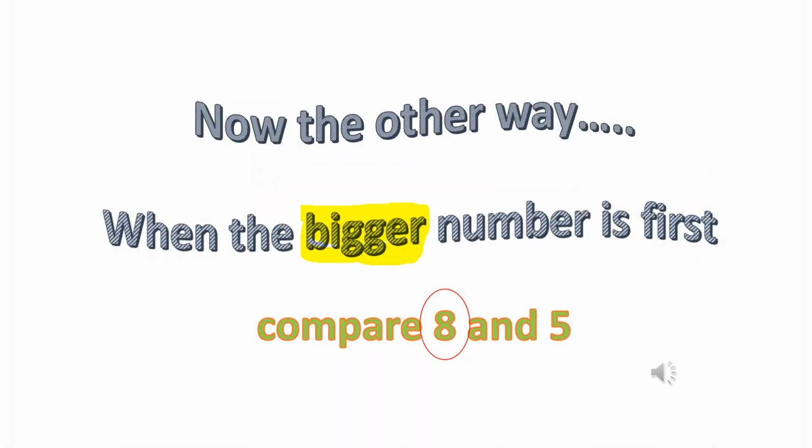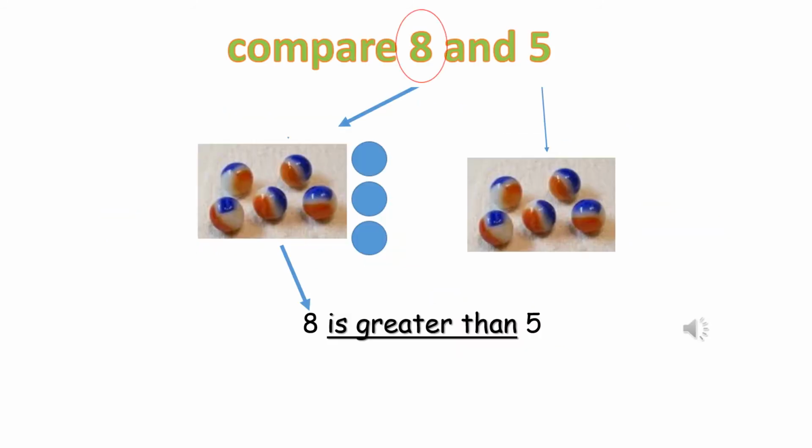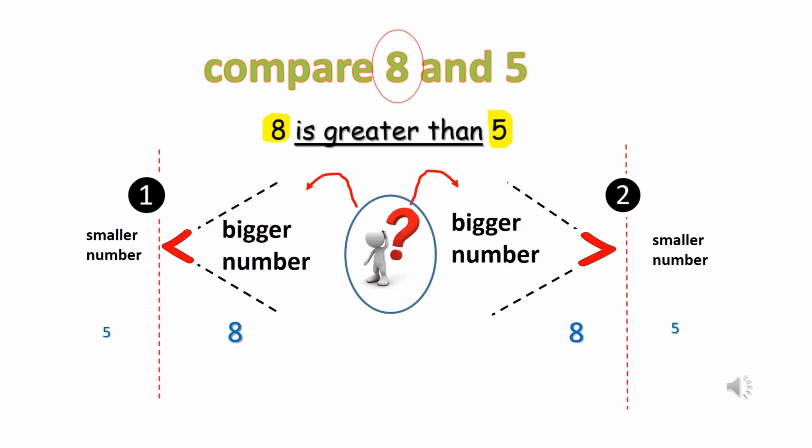Now let's look at it the other way, when the bigger number is first. So for example, compare 8 and 5. In this comparison, 8 comes before 5. 8 marbles on the left, 5 marbles on the right, and so we can say 8 is greater than 5.